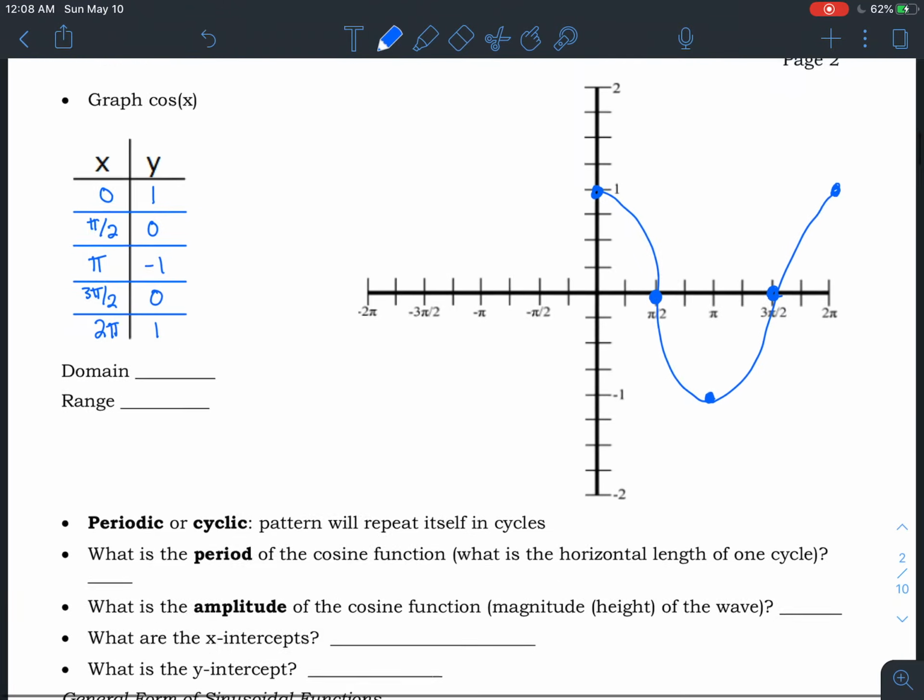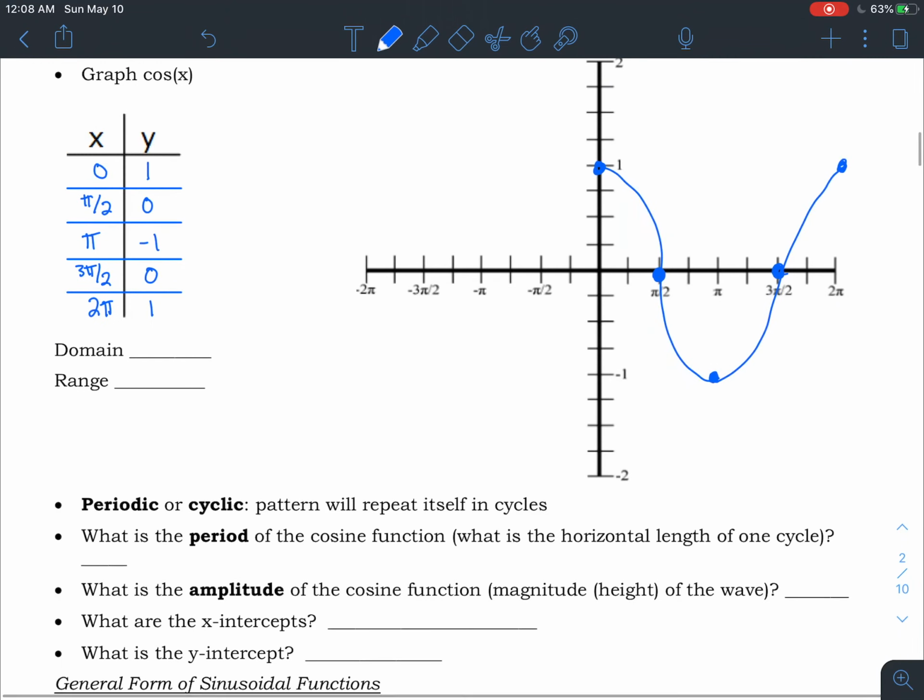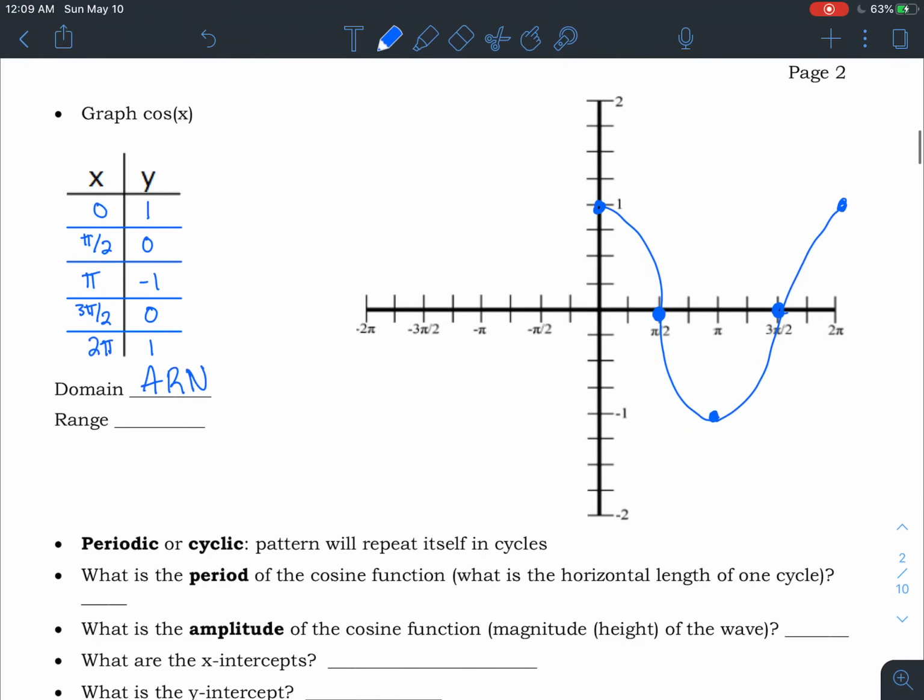So then the rest of these are all very, very similar. My domain is still all real numbers, because again, even though I don't have to continue graphing these, it will continue going to the right and the left as far as I want to. If I wanted to draw more cycles, since a single cycle is all we have to represent on the graph, I think it makes it a little more obvious that it's really the same wave, just a different perspective.